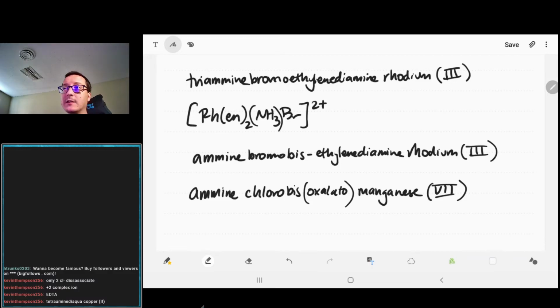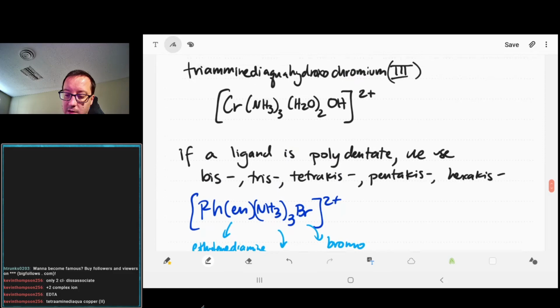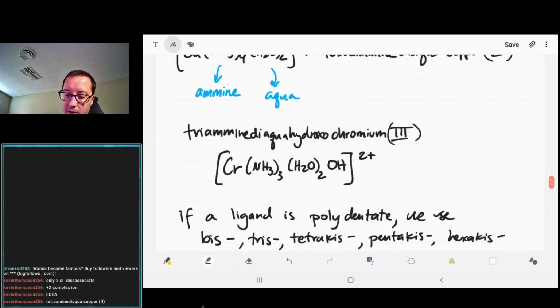Typically, we do put these in the greatest number first, and then the rest in alphabetical order. I guess I didn't necessarily say that, but the things that we typically put on are going to be in order of how many there are, and we typically also put polydentate ones first.